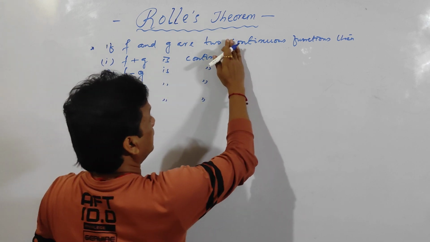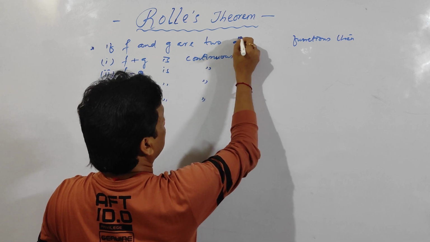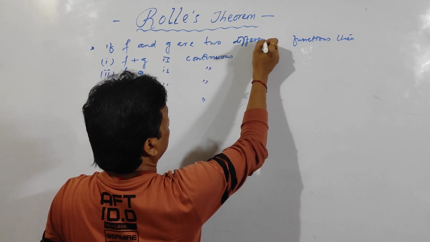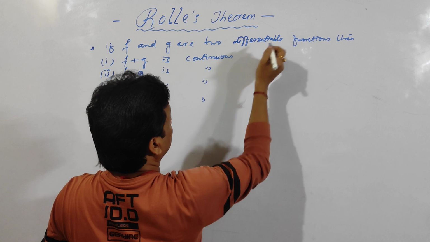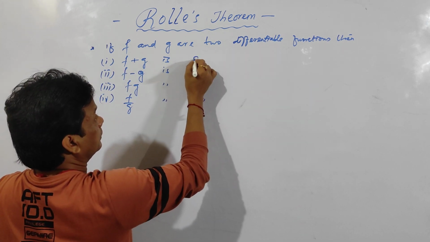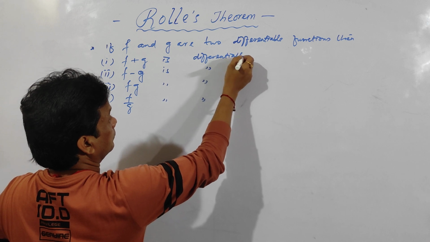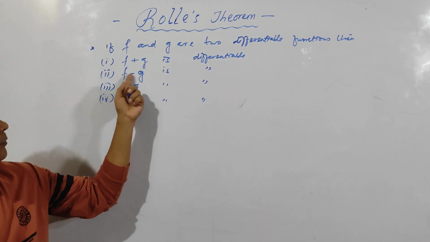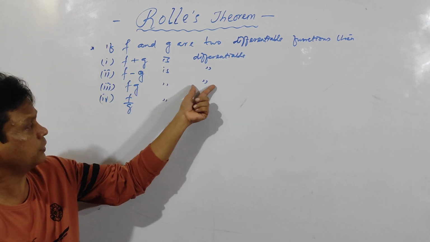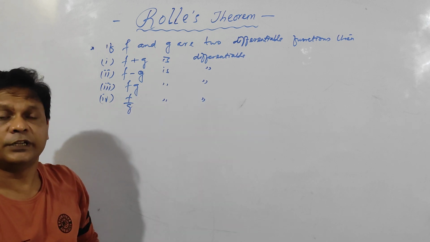Similarly, if f and g are two differentiable functions, then f plus g is differentiable, f minus g is also differentiable, f into g is also differentiable, f by g is also differentiable.